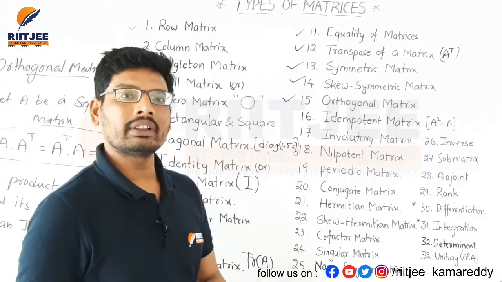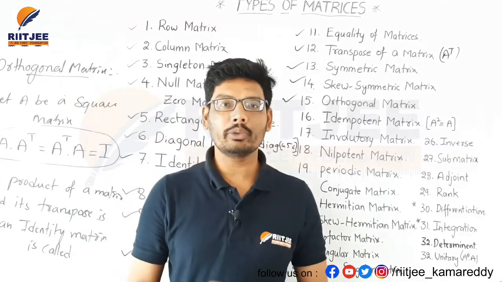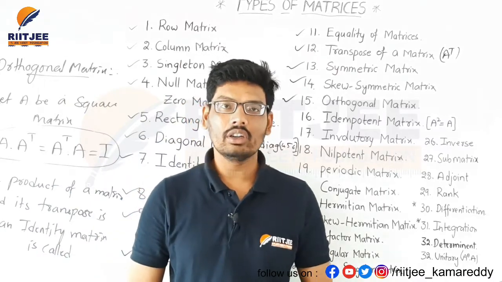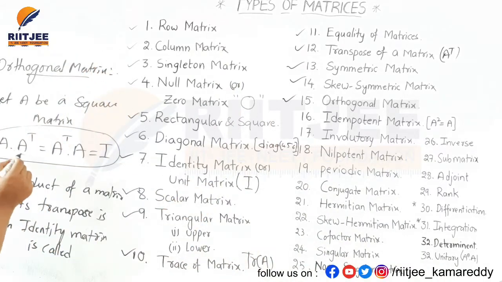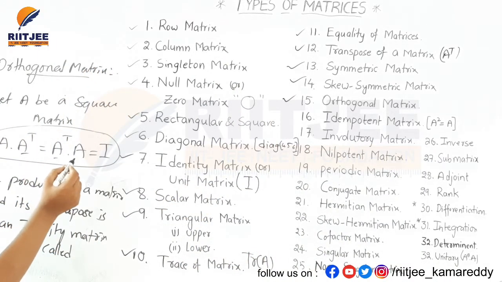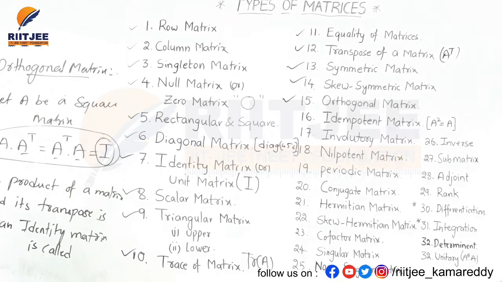Orthogonal matrix is nothing but the product of a matrix and its transpose gives an identity matrix. Orthogonal condition is A into A transpose or A transpose into A gives identity matrix. This is about orthogonal matrix.